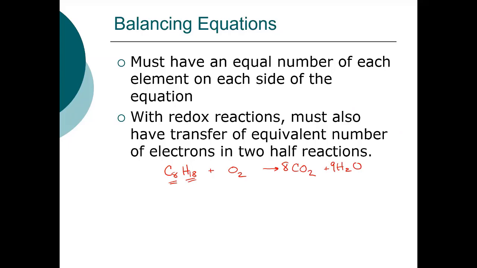And now we can look at the number of oxygens. It's easiest if you have something like oxygen that's a molecule but it's made up of one single element, it's best to just leave that to the last. So we have 16 oxygens here. We have 9, so we have 25.